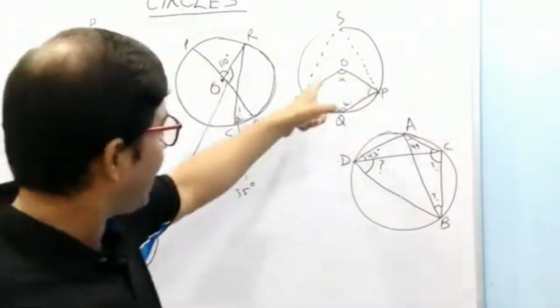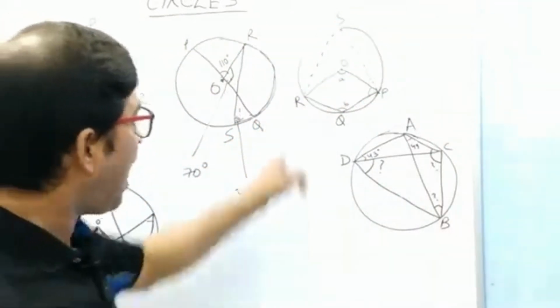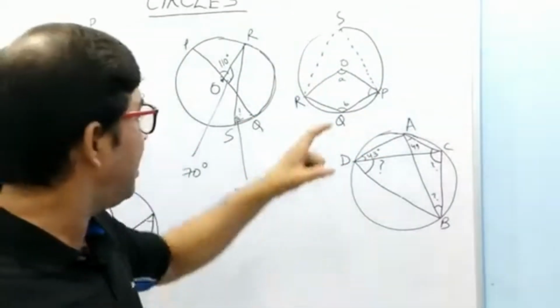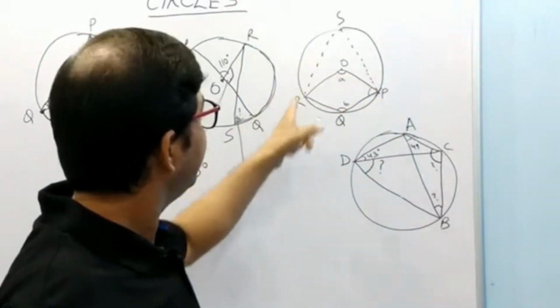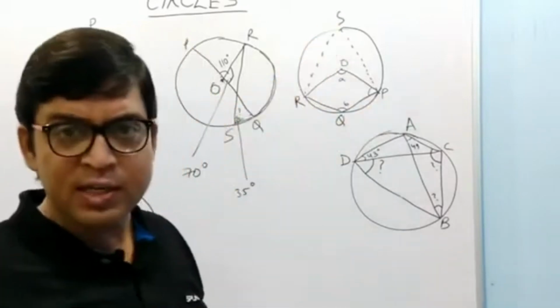Can you tell that angle A is being made by the arc RP at the center, and the same arc PR makes an angle at the circumference of the circle?